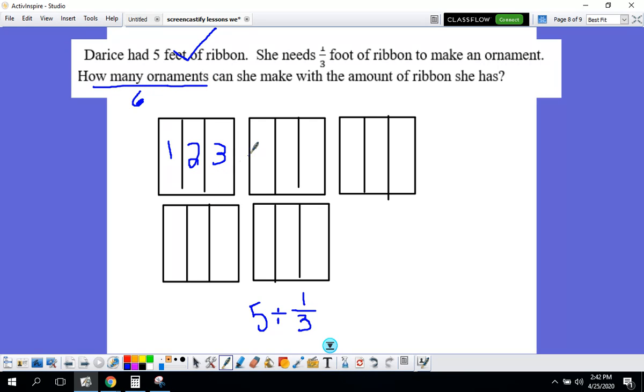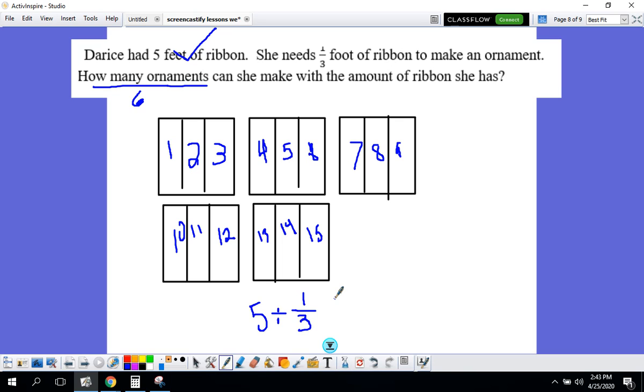So far I have 3 ornaments. This would be my 4th ornament, 5th, 6th, 7th, 8th, 9th, 10th, 11, 12, 13, 14, and 15.